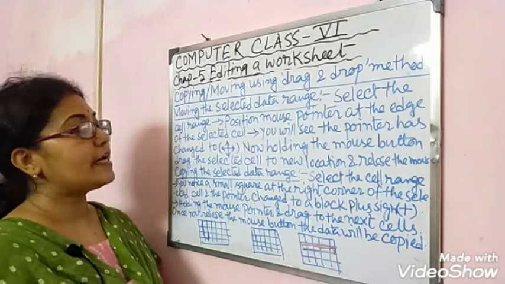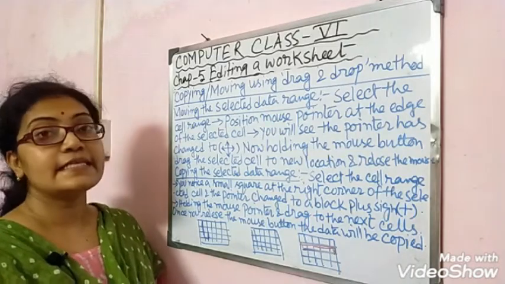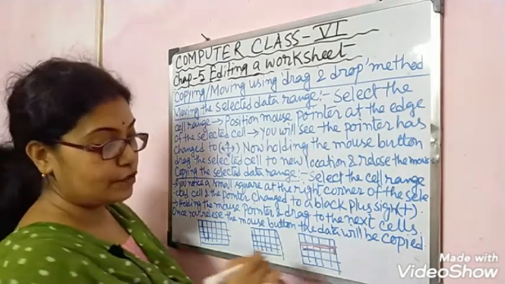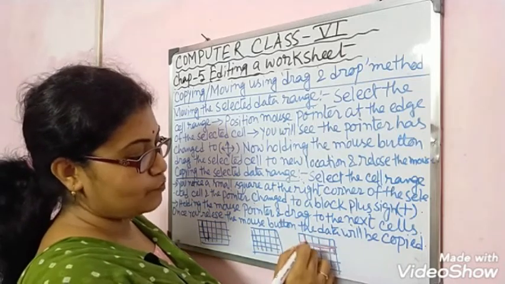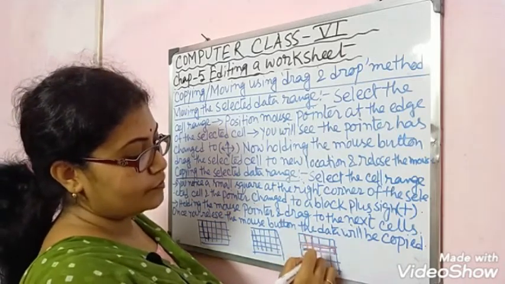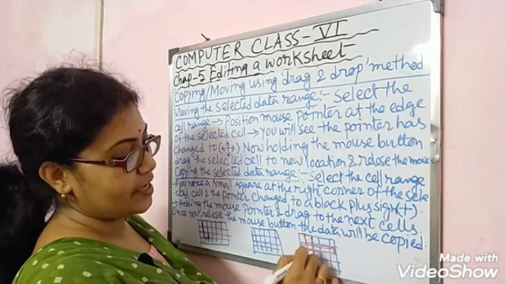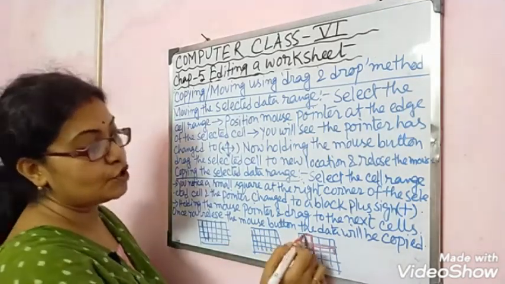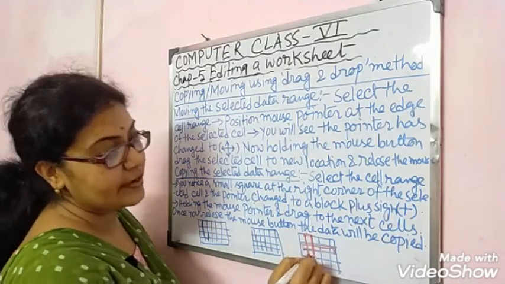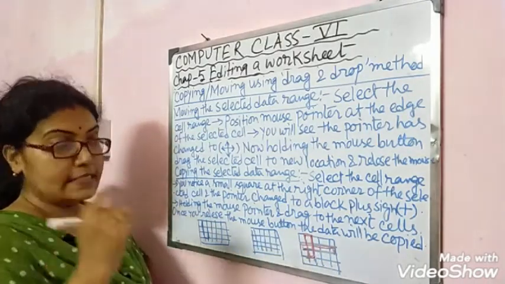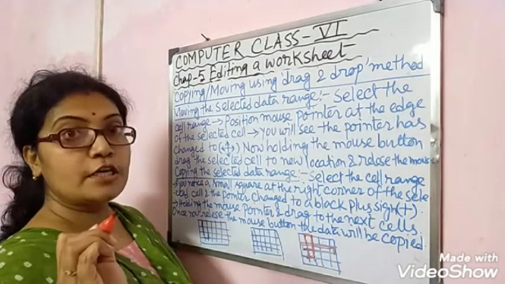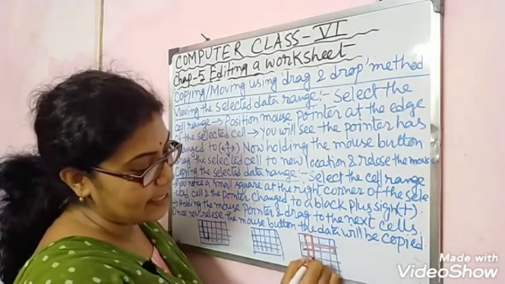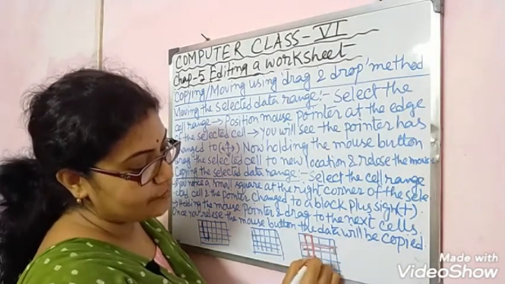Position the mouse pointer at the edge of the selected cell. Suppose I want to move these 3 cells. I just put the mouse pointer at the edge of the cells.